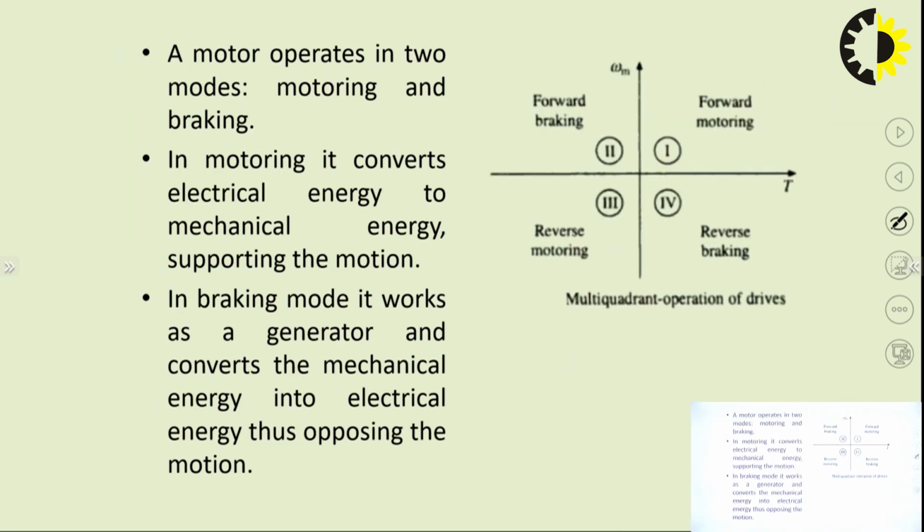A motor operates in two modes. Either the motor can operate in forward motoring or reverse motoring. In motoring, it converts electrical energy to mechanical energy, supporting the motion. This is the basic fundamental. In braking mode, it works as a generator and converts mechanical energy into electrical energy, thus opposing the motion.